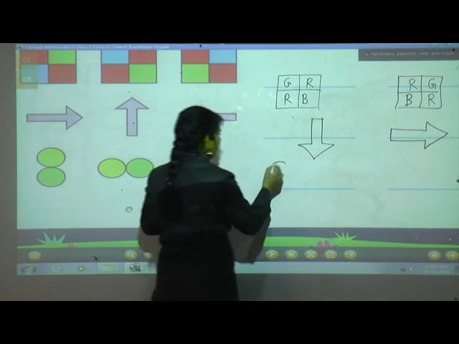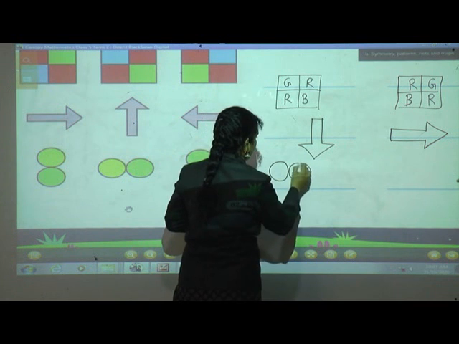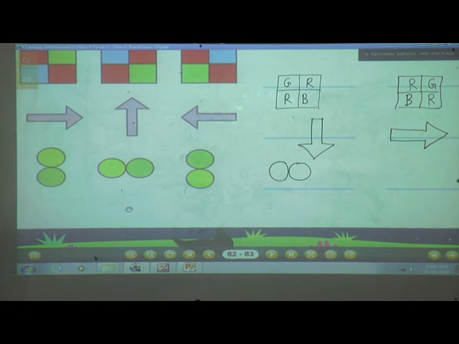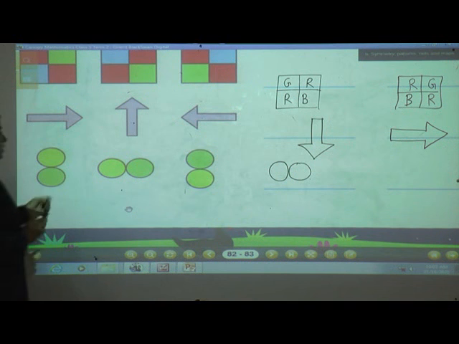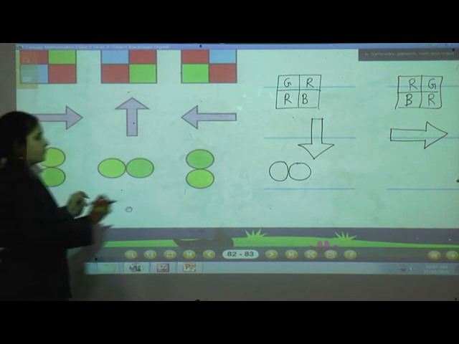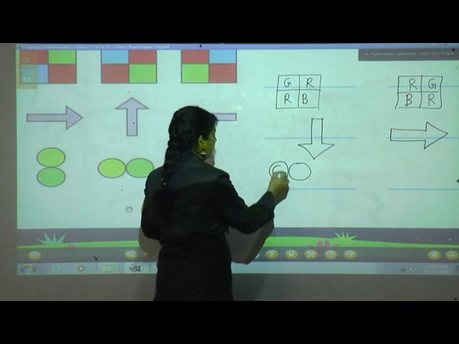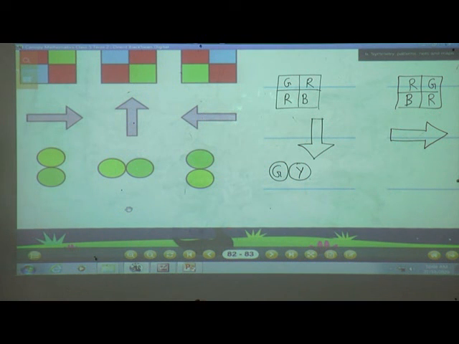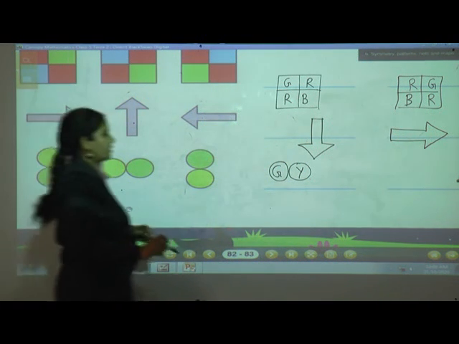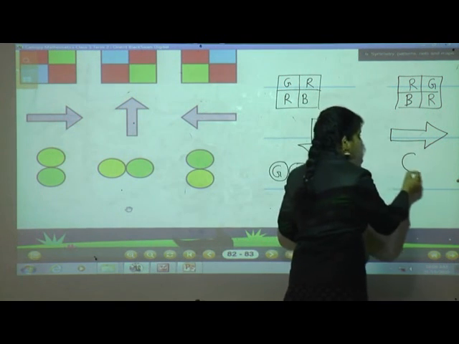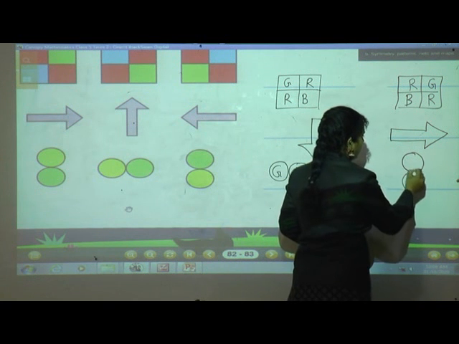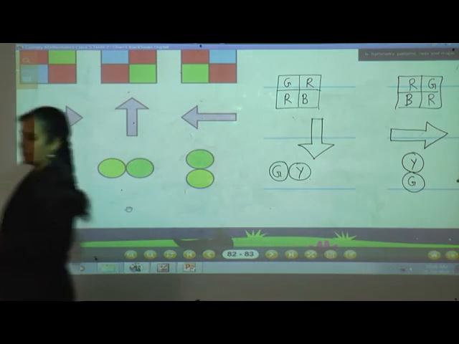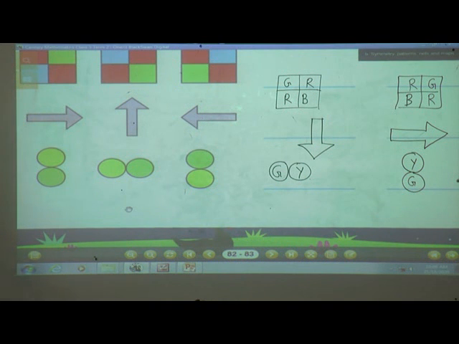We know that it will come like this, but we have a problem with color. Where will it come, students? Yes, here the green color and here will be the yellow color. Okay, and now last, like this figure it will come, and here yellow and green will come. Okay, now all of you understood this?